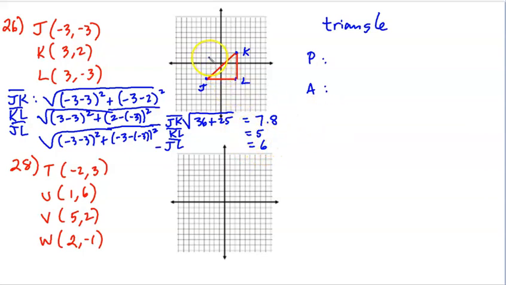All right, so we can identify now the side lengths: 7.8, this is 5, this is 6. So we add those together to get our perimeter. And we got 18.8 units for the perimeter.